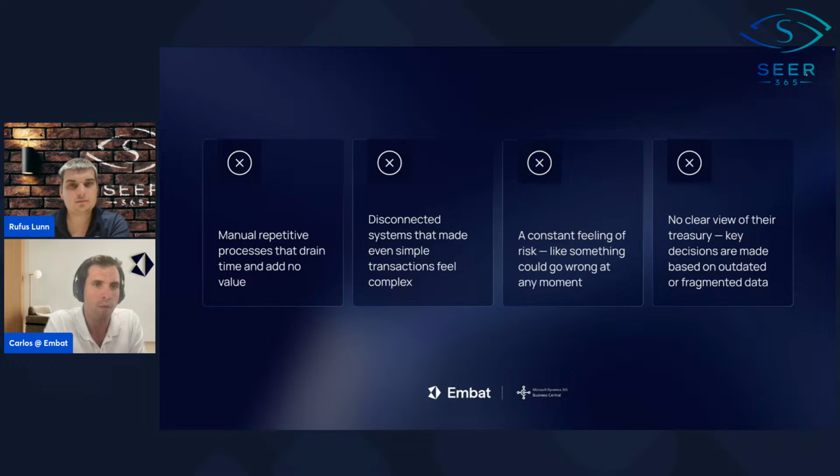Whenever you hear a customer that has to treat bank statements, sync bank statements, download bank statements or send payments frequently, on a daily or weekly basis, that becomes very repetitive and is one of the pains that we start to solve.